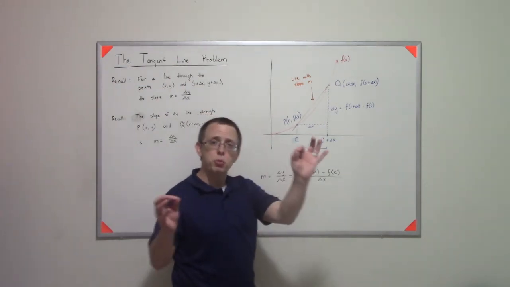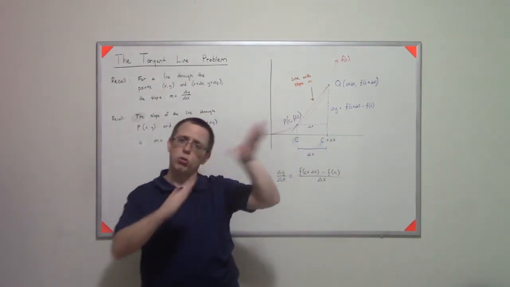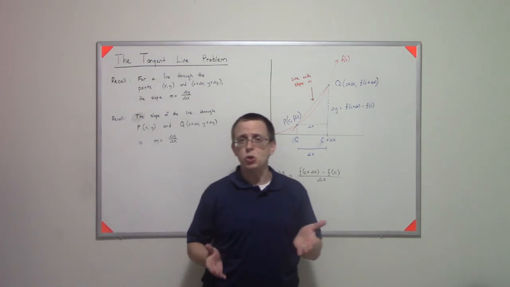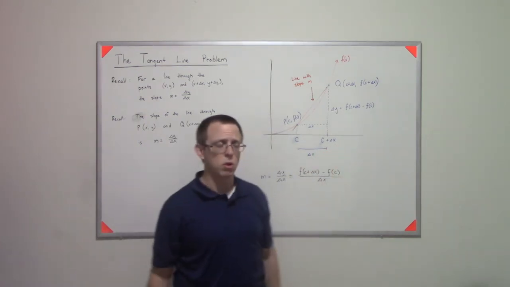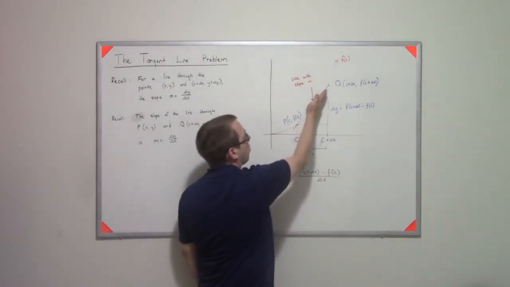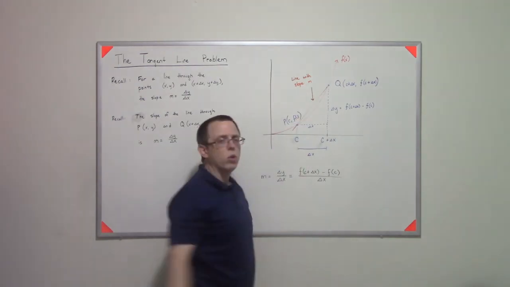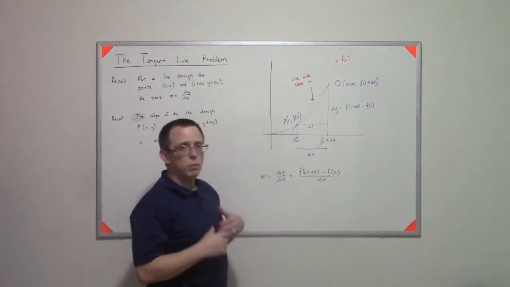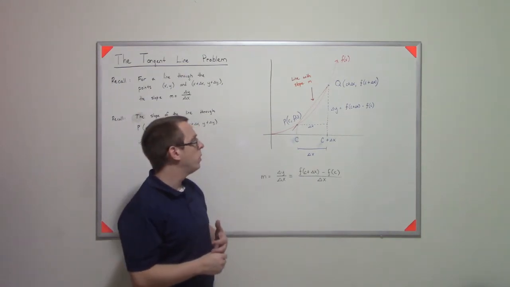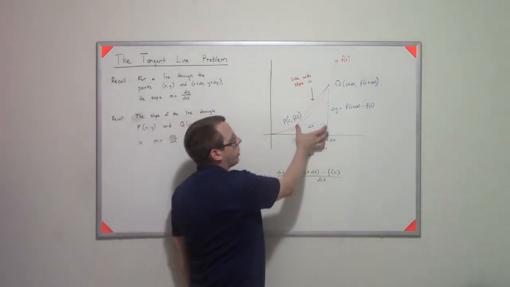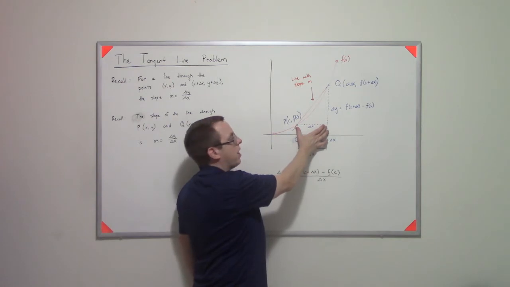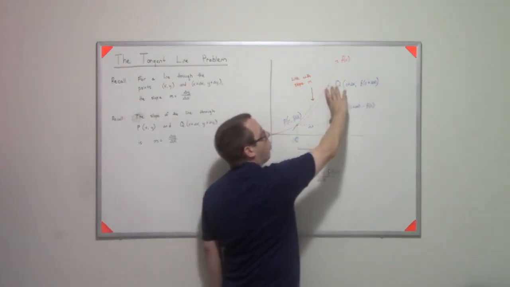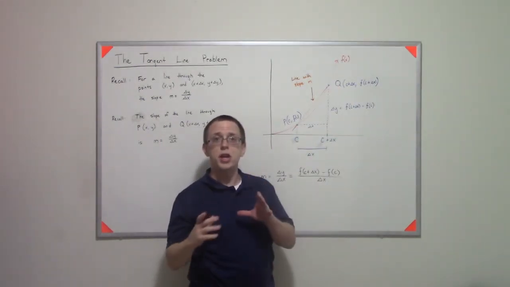So now that I have two points defined, I can draw a line through them, because any two points in space, you can draw a line through. So I'm going to draw this orange line. And I know that orange line has a slope m, because that's our definition of the slope. If we look over here, we see that the delta x is defined, but the delta y is just the change in the y values.